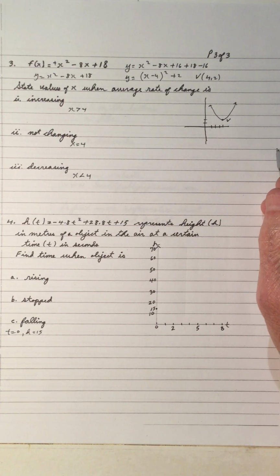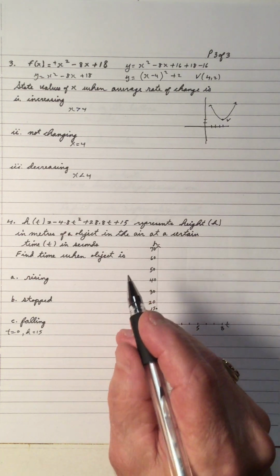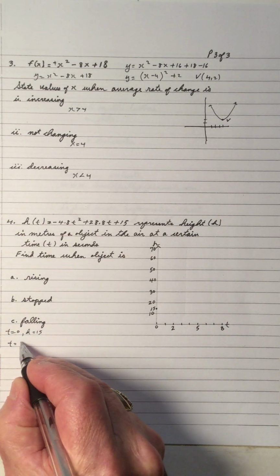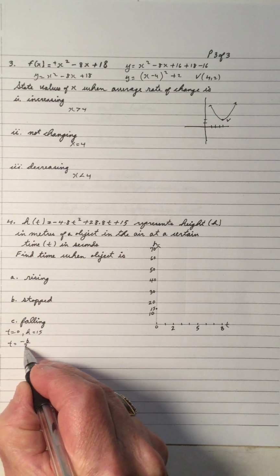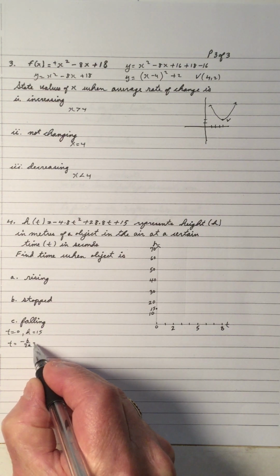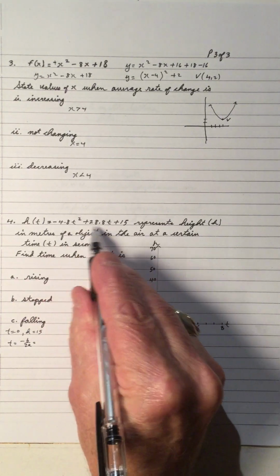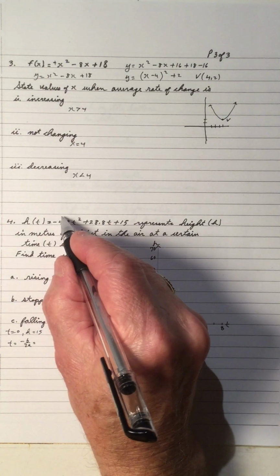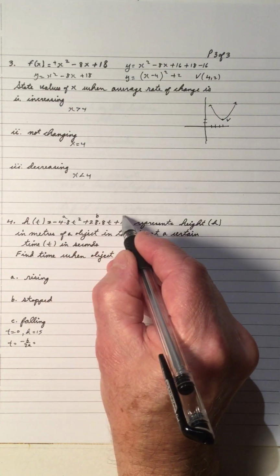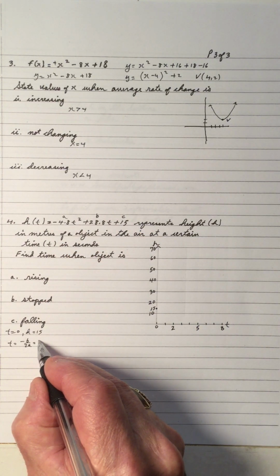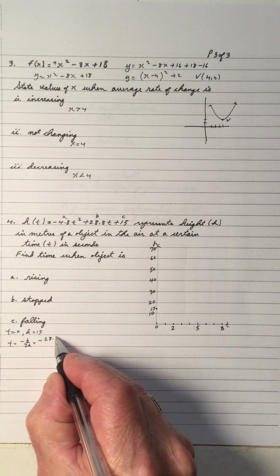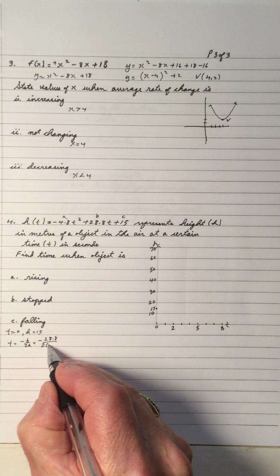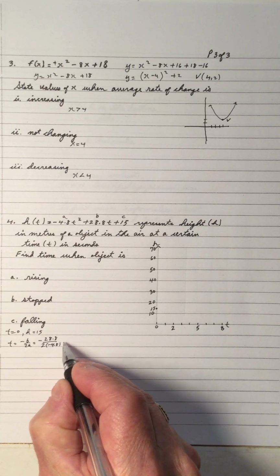Okay, now we want to find the vertex. Another way to find the vertex of this parabola is to do negative b over 2a. That's a fast way to do it, instead of completing the square. That's a, that's b, and that's c. So we go negative 28.8 all over 2 times negative 4.8.